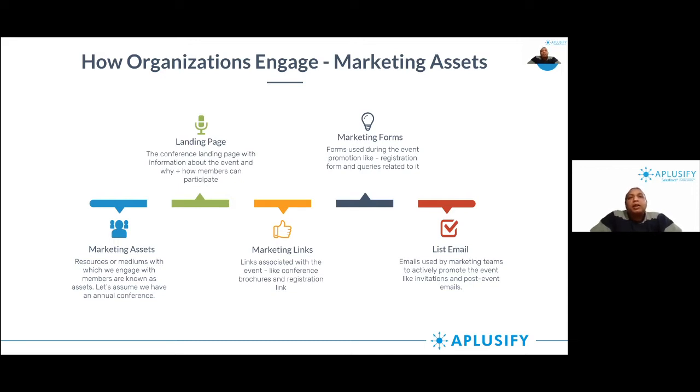But other teams are not aware of that. So you can't see how your marketing assets are performing, or who opened your landing pages, and your sales team does not know how your marketing team is behaving.